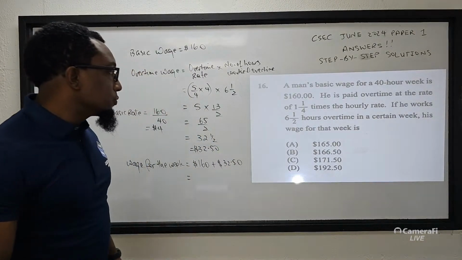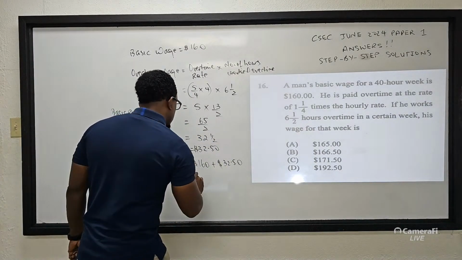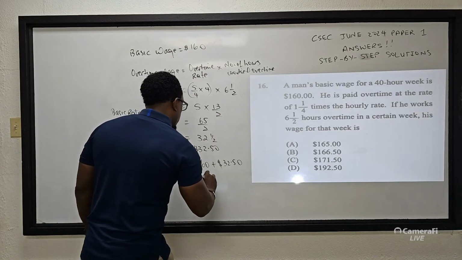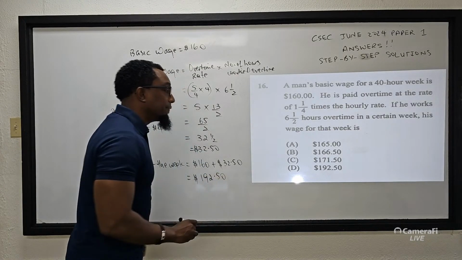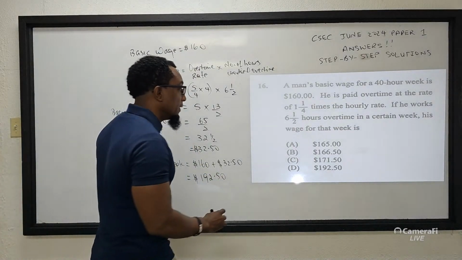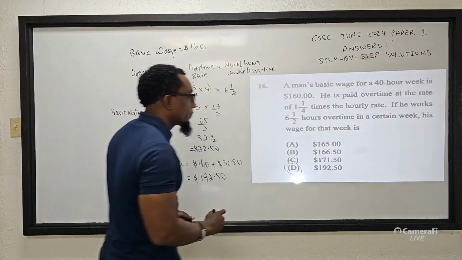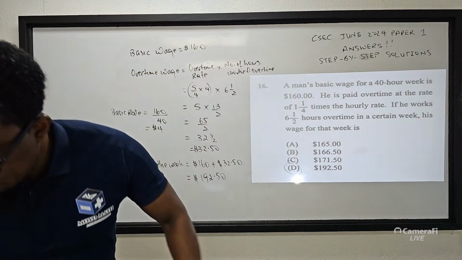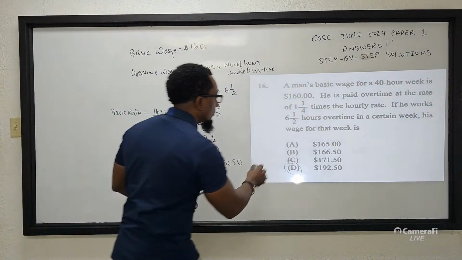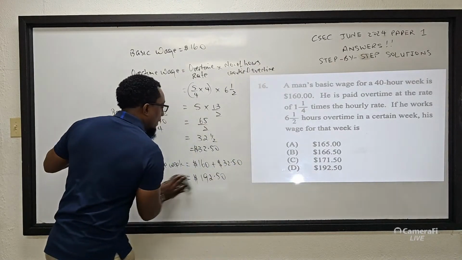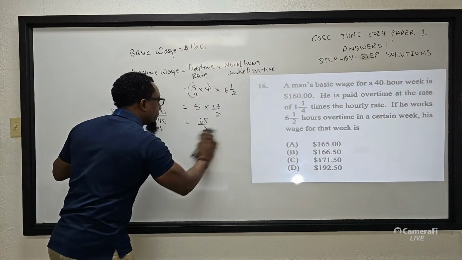And when we add those two, we should get his wage for the week as $192.50, whose answer there is D. So question 16, the answer is D. Let's move on to 17.